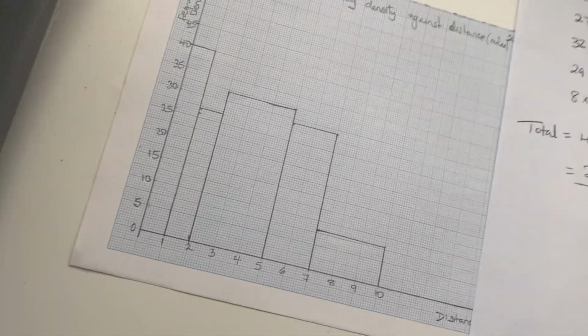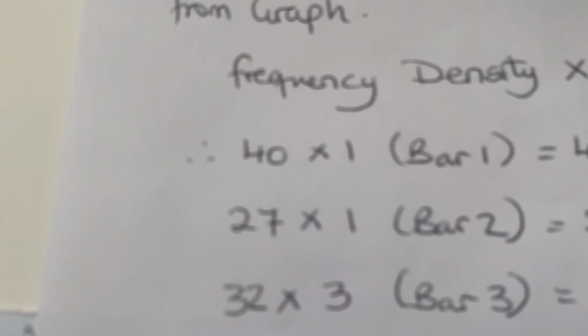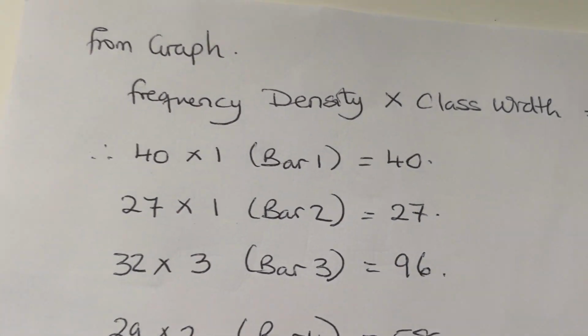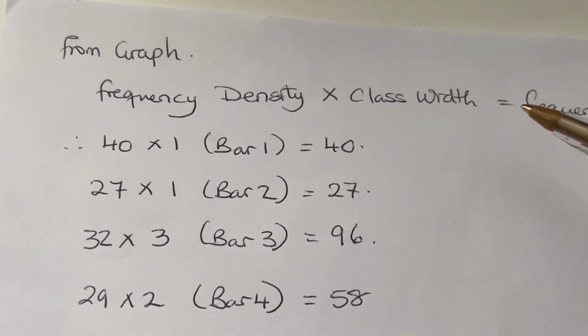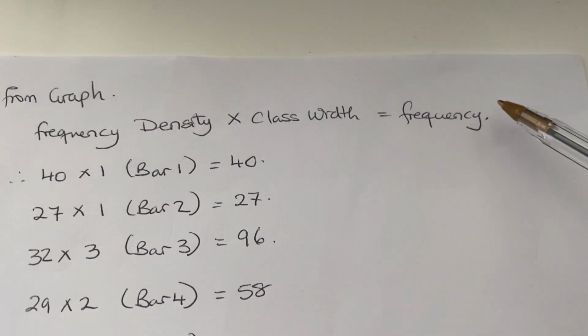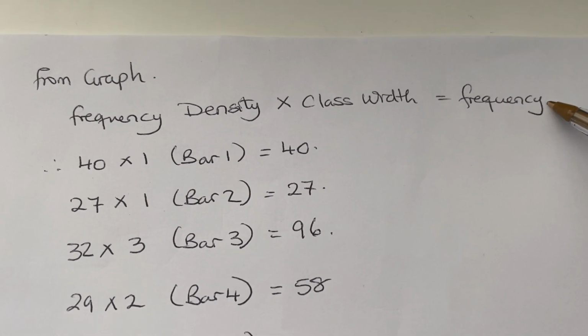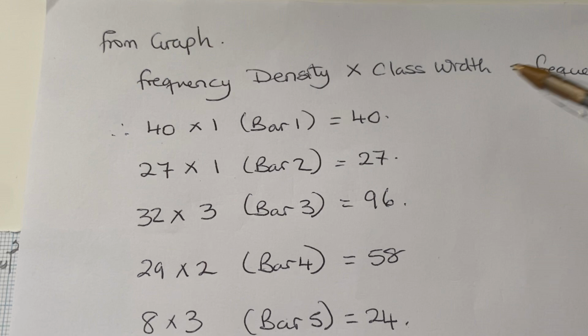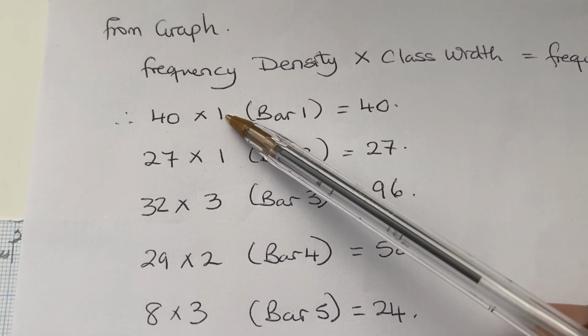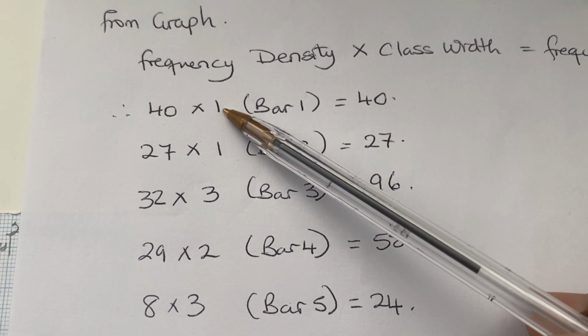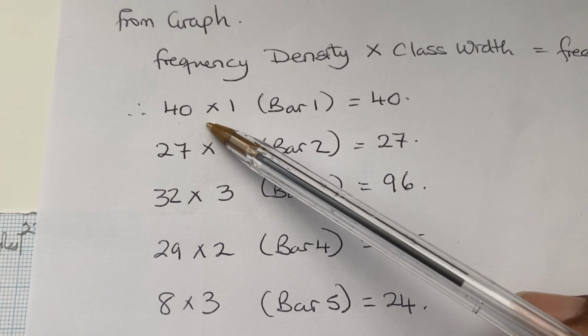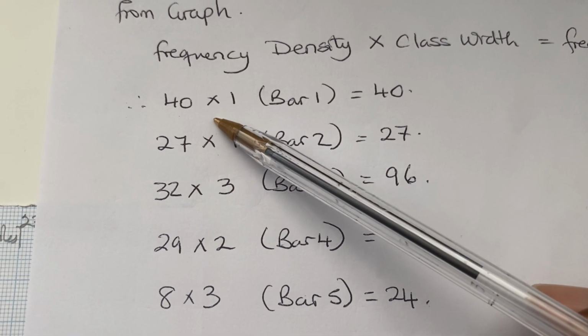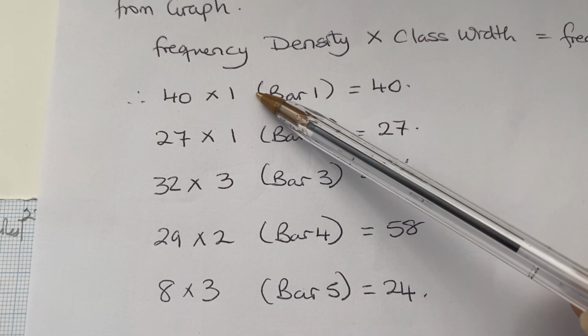Now, from the graph, frequency density times class width equals frequency. So the first bar, you have a frequency density of 40 times 1.